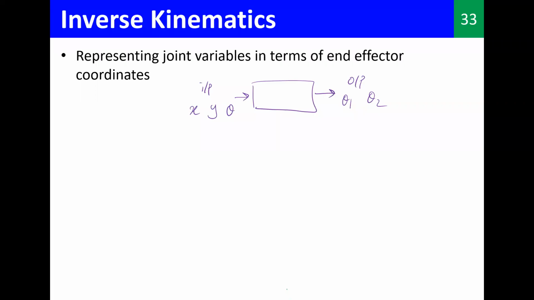Because let's say I want to drill a hole at a particular location of the wall. So that is like x, y, and theta. Theta can be, let's say, some angle. In order to do that, we should know what are the joint angles that we should give to the robot joints. So that is the more valid question when it comes to robot manipulators, right? So inverse kinematics is actually the real problem we need to solve, not the forward kinematics, right?